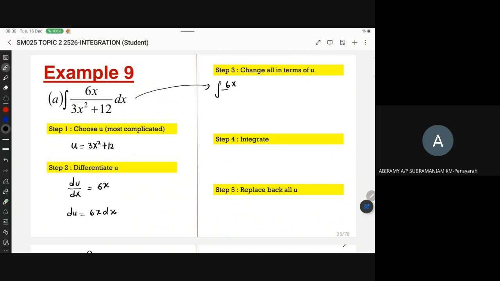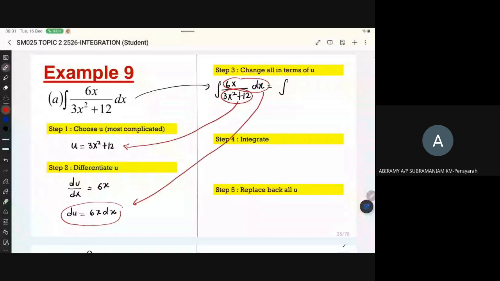So the integral of 6x divided by 3x squared plus 12 dx is equal to the integral of, notice that 3x squared plus 12 can be replaced with u, and 6x dx can be replaced with du. This is how we change everything in terms of u.